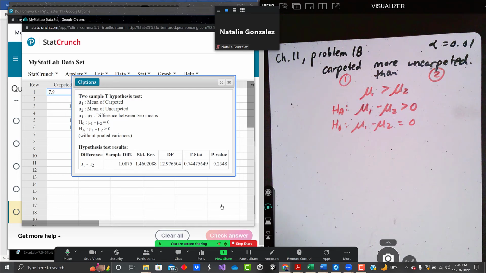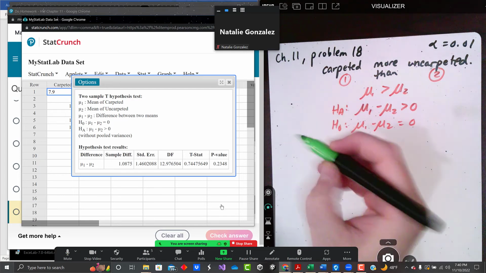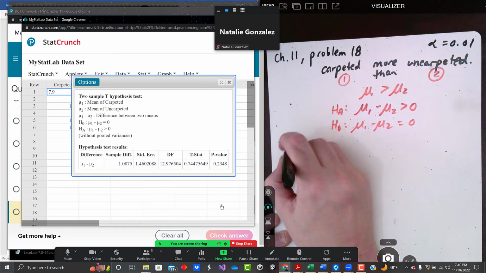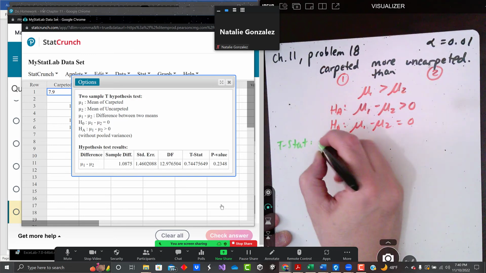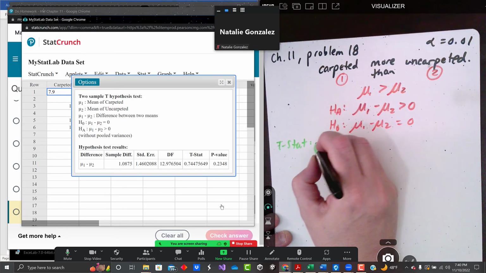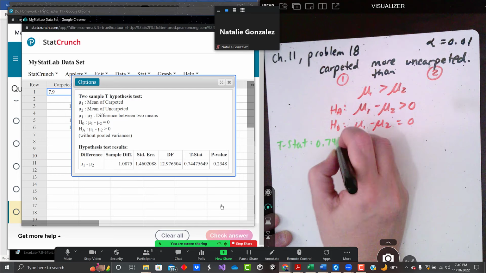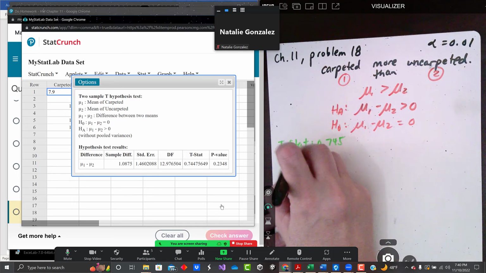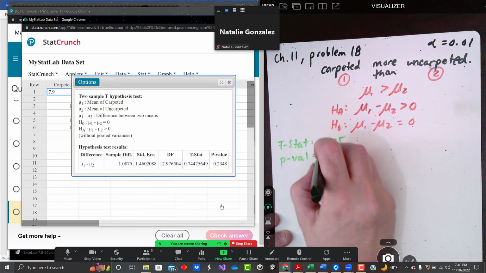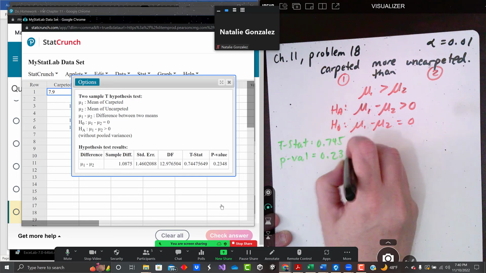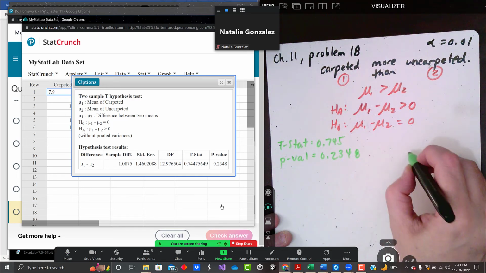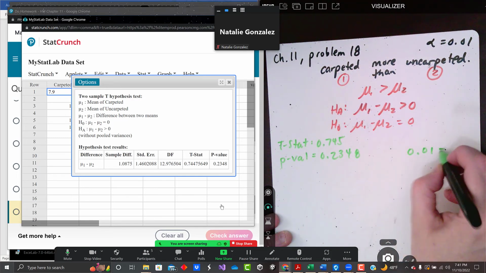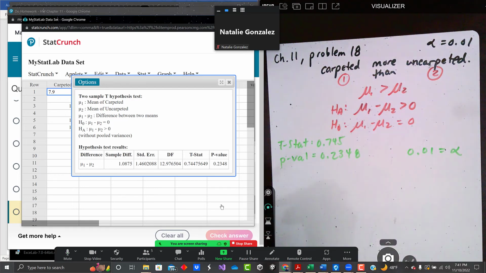So my t-stat is 0.745. My p-value is 0.2348. And I want to compare that with 0.01, which is alpha.